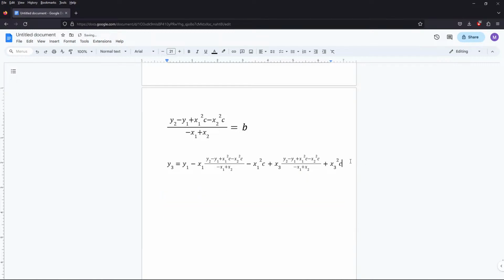Also makes this accurate but inconvenient, to say the least. And then we have to move all of the C's, so this is a negative C. Cool. Minus this divided by these. Twice.